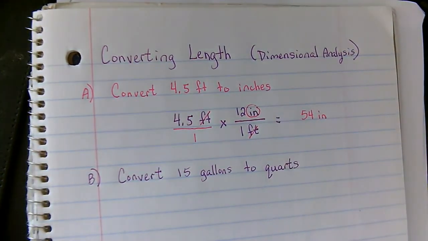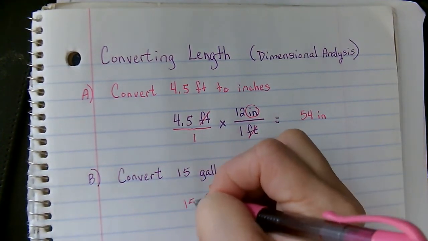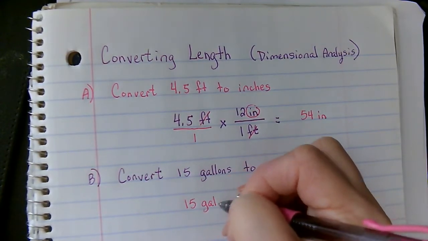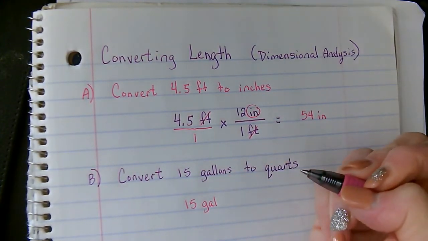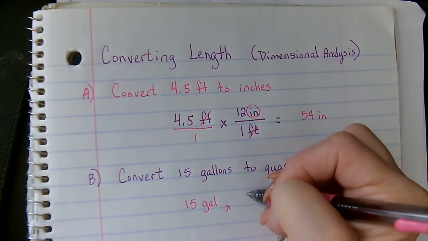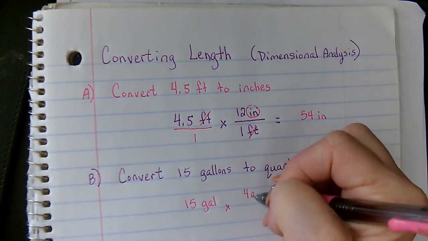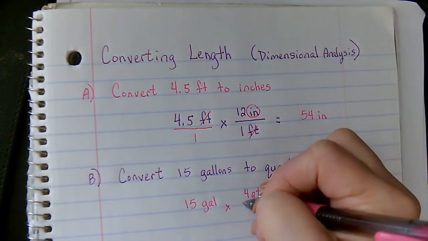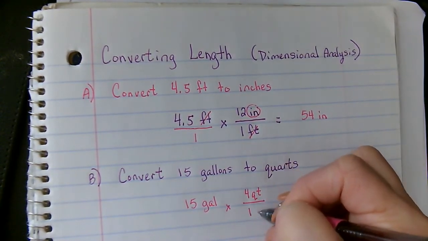Okay? Now, if we were to convert 15 gallons to quarts, I'm going to write the whole number of 15 gallons right here. I'll abbreviate the word. Times, it takes 4 quarts, so I'm going to put 4 quarts on top, 4 quarts to make 1 gallon.